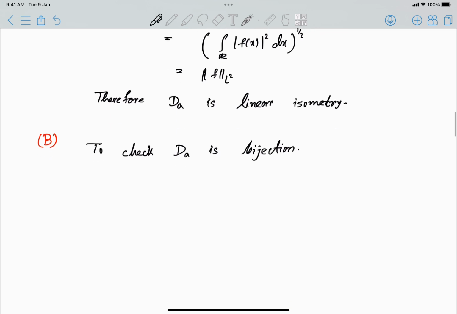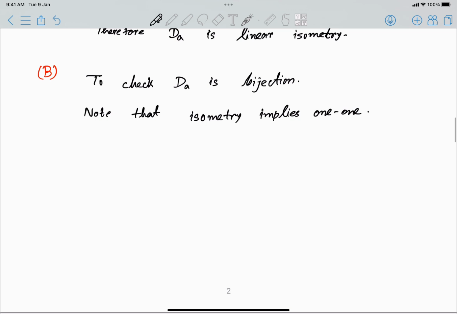So note that isometry implies one-one. So this is a standard fact for linear operators. As it is an isometry, therefore it is one-one.